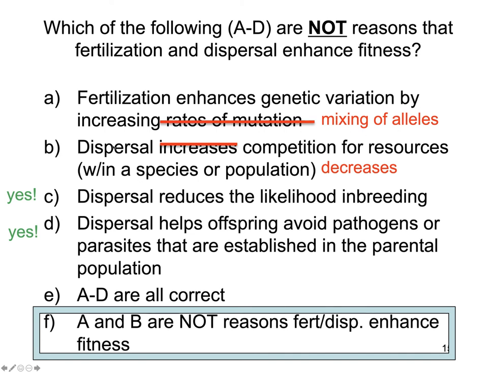And dispersal does not increase competition for resources. It decreases competition for resources within a species or population because it allows individuals to move to an area where there are fewer individuals to compete with. And they can get access to new resources and get out of those really dense areas where a lot of the resources have been consumed. And these other two choices are, of course, true.